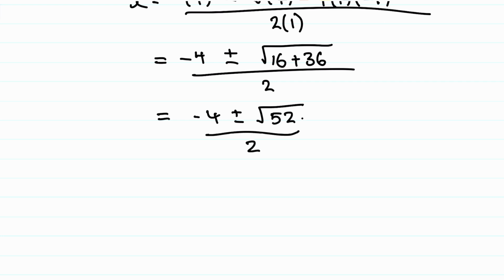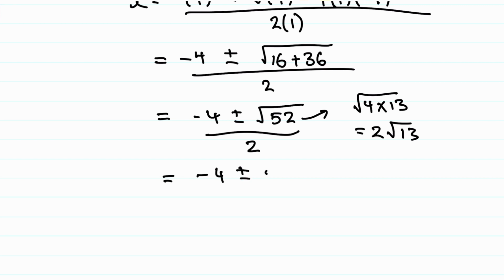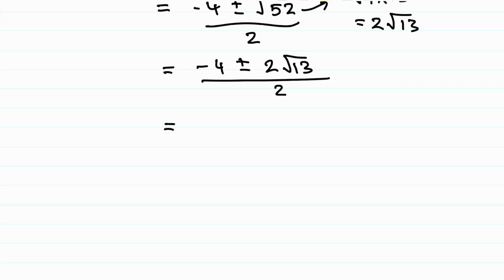Now, if we think back to surds, then the root of 52, well, that's the same as the root of 4 times 13, which is therefore the same as 2 root 13. So if we now have minus 4 plus or minus 2 root 13 over 2, well, we can now divide everything by 2.